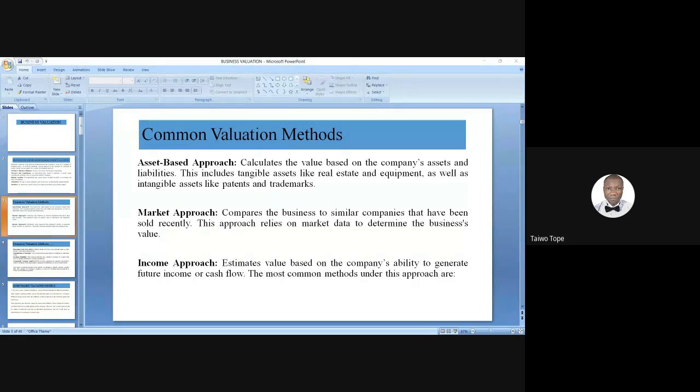Now, you'll be tested using the book value to evaluate a business. The book value is also known as the historical value.